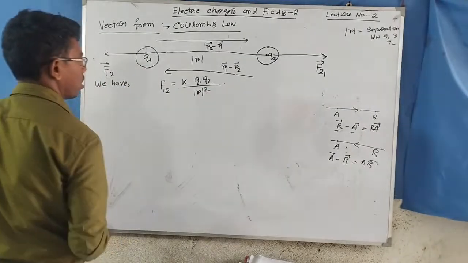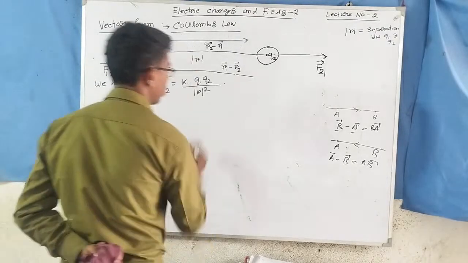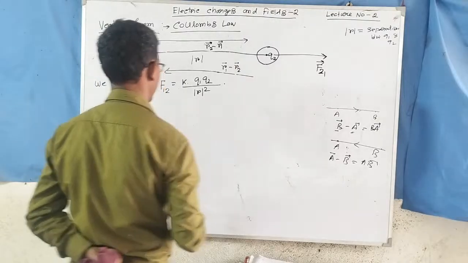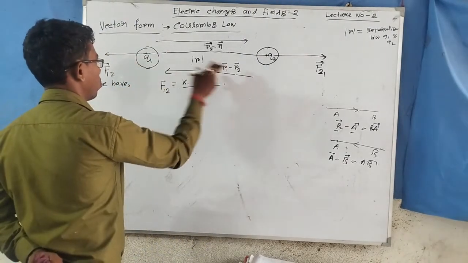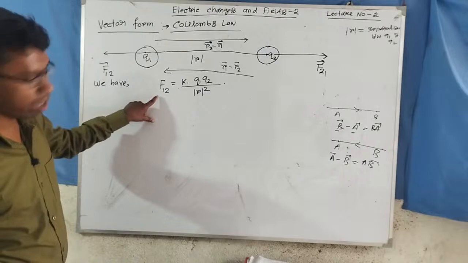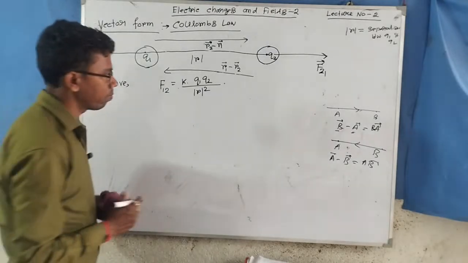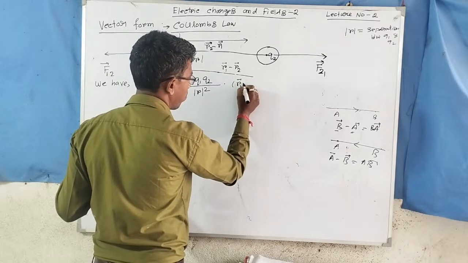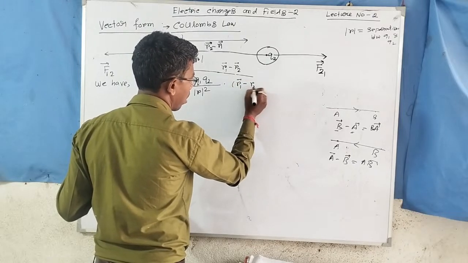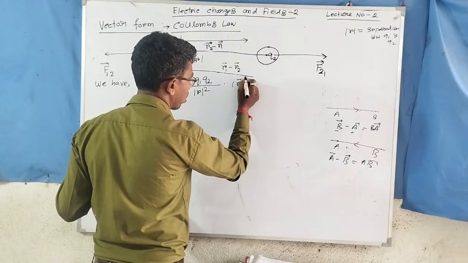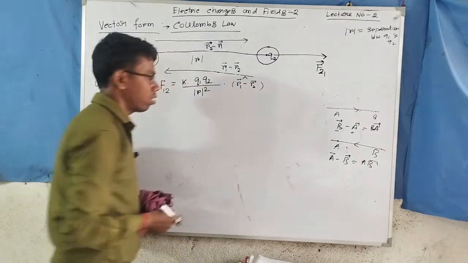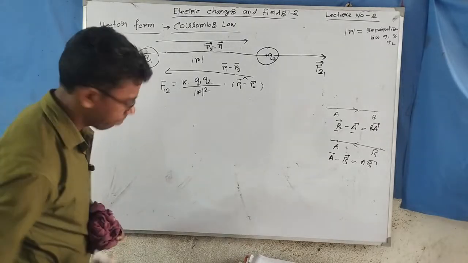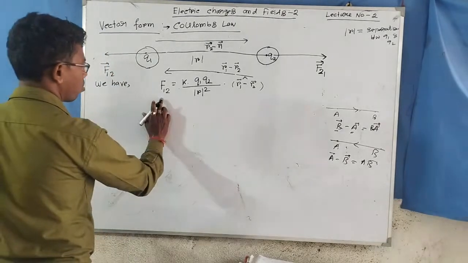Then this is the magnitude value, so the unit vector is the r vector 1 minus r vector 2 cap. This is the force on 1 due to 2.